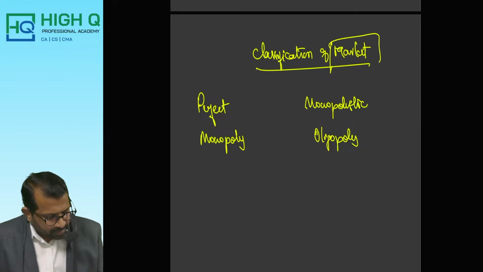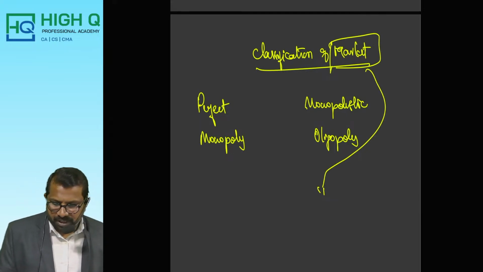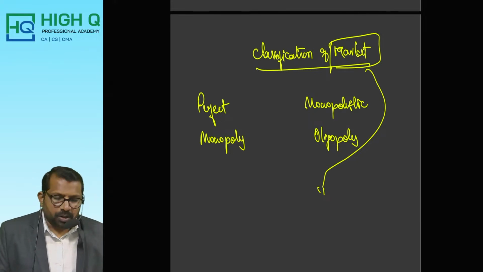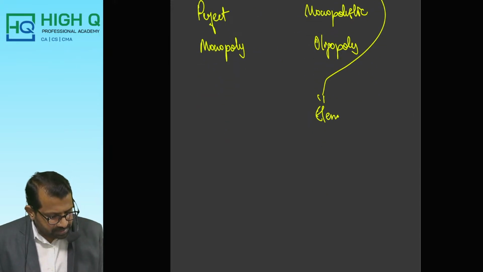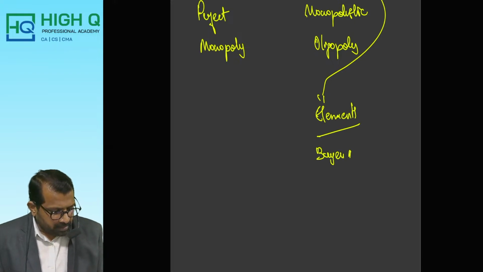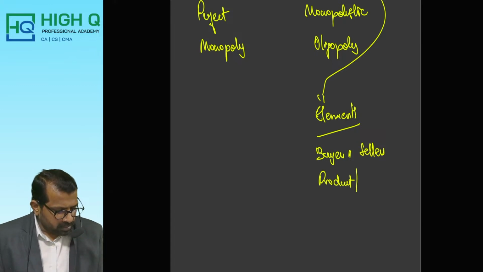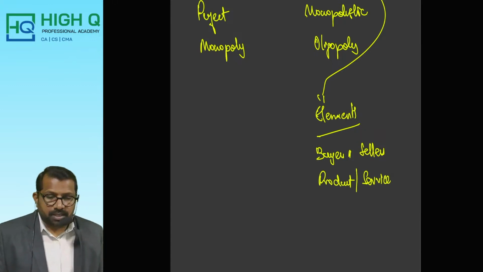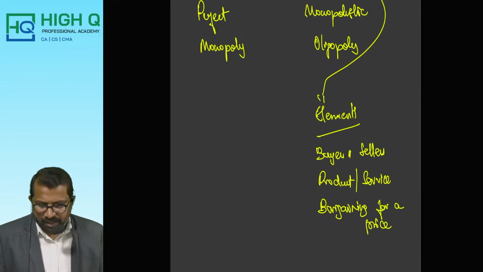So what is a market? Market is a place where buyers and sellers meet each other in order to bargain over a commodity for a price. What are the elements of a market? Point number 1, buyers and sellers. Point number 2, product or service. Point number 3, bargaining for a price.